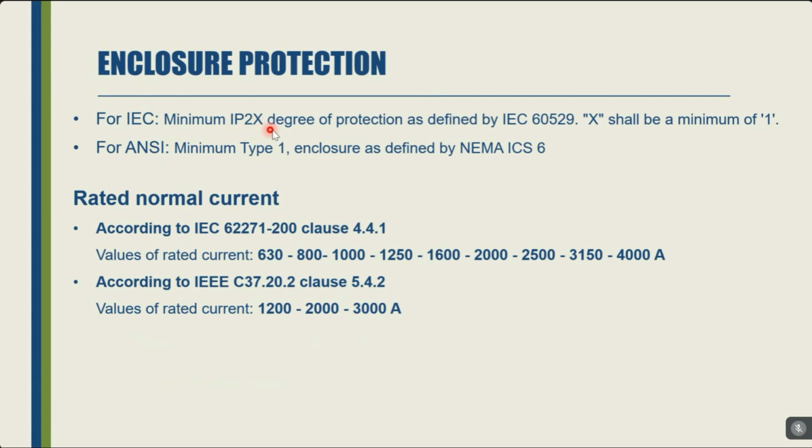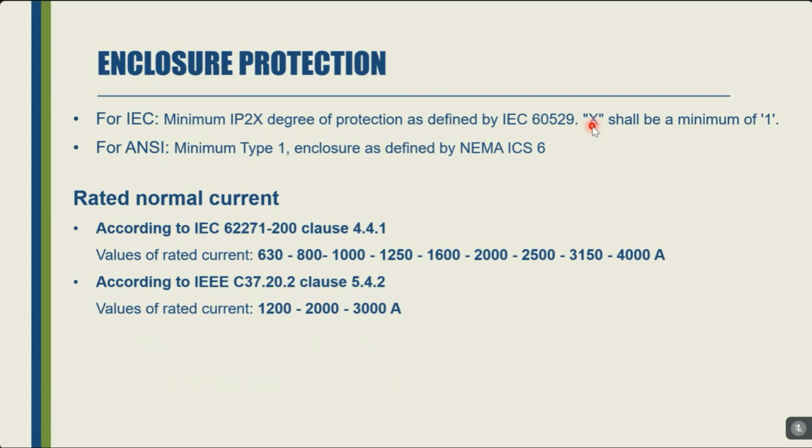This is the minimum degree of protection that any HT switchgear manufacturer has to provide, bare minimum. Now, if you require IP4X or IP41, you have to specify the same in your specification and data sheet, and the manufacturer, if they have the same manufacturing line of assembly, can offer you the same.